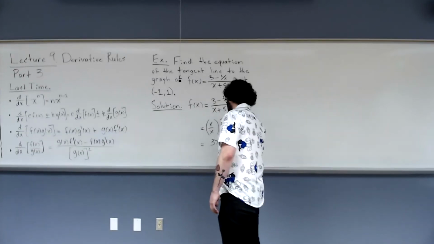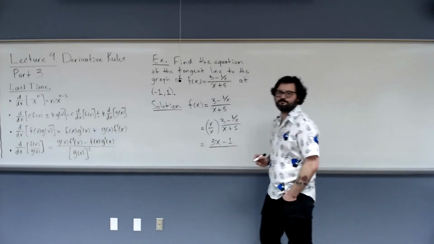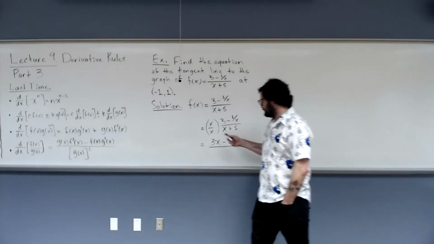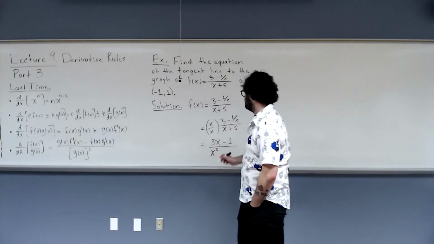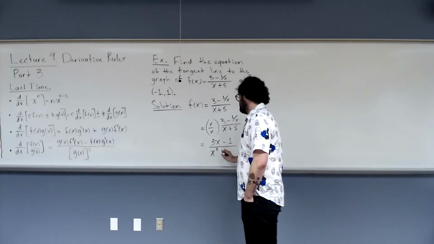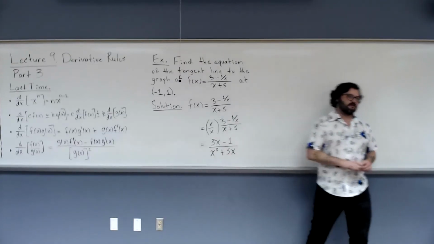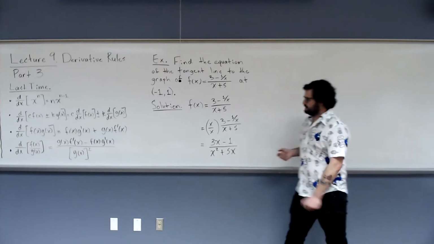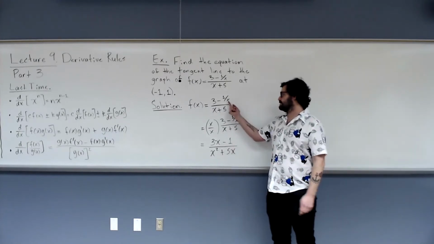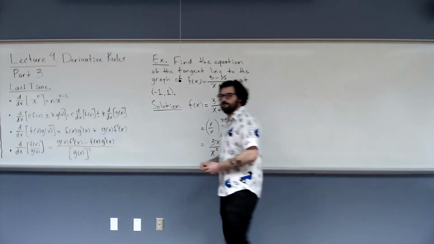So the numerator now looks like that. In the denominator, I get x times x, which is x squared, and then x times 5 is 5x. It happens to be algebraically convenient.